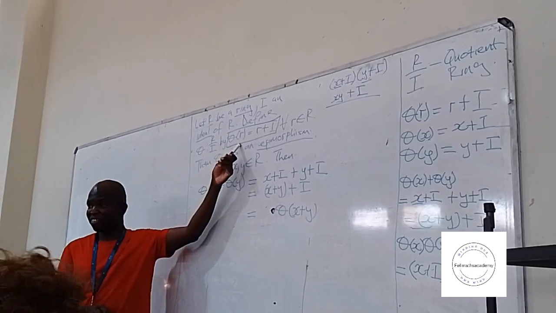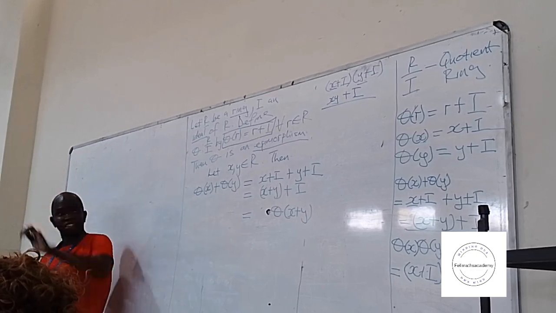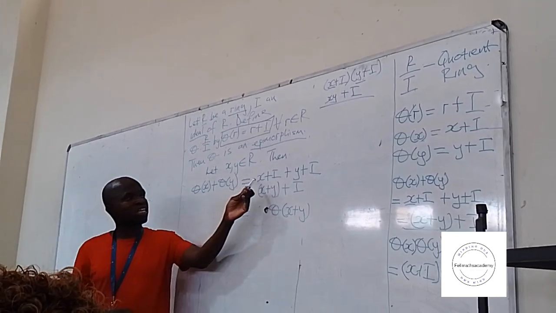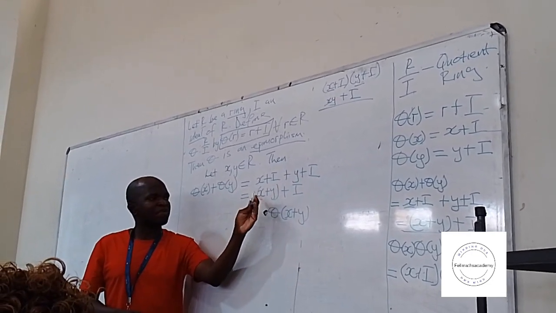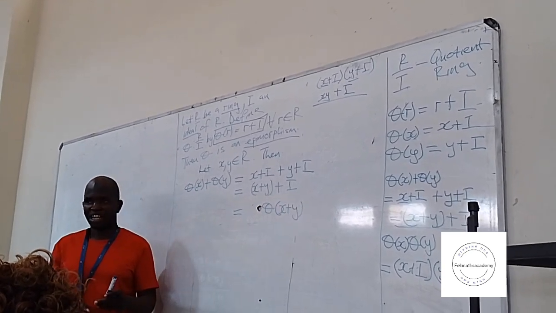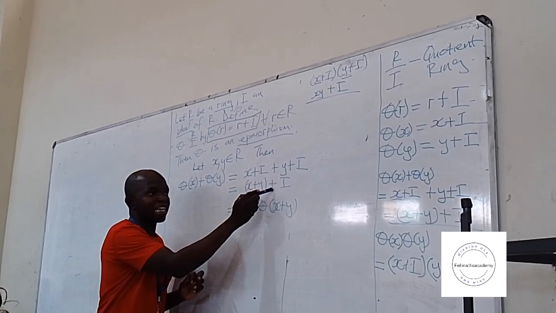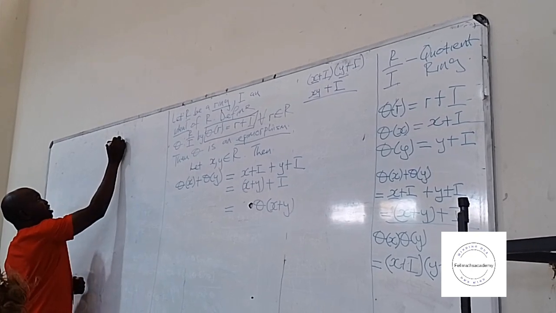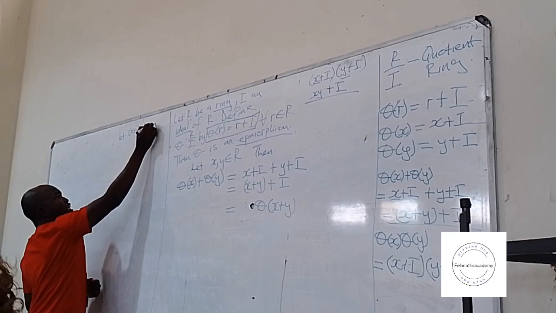Theta r is equal to r plus I. So under addition, theta x plus theta y is equal to x plus I plus y plus I. So we add x plus y plus I. This is the format of r plus I. Let x plus y be r.